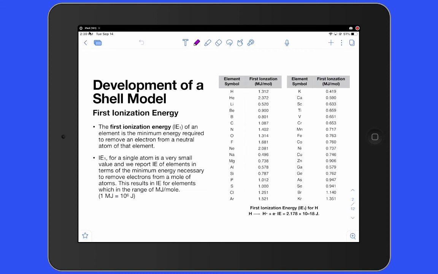In the notes that we've had up to this point, everything's been based around joules. Now we've got something else, okay? But the same basic principle applies. The larger the ionization energy, the stronger the attraction.